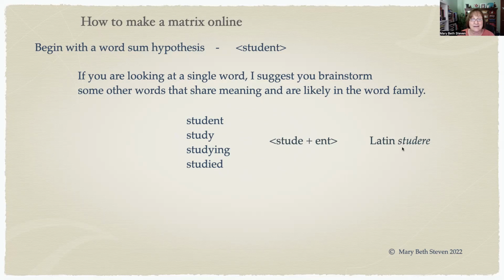It's not there in the Latin infinitive form. That has an ERE. That ERE is removable. It is an infinitive suffix in Latin. And as it came into modern English, I would put an E there. And I'll tell you why.